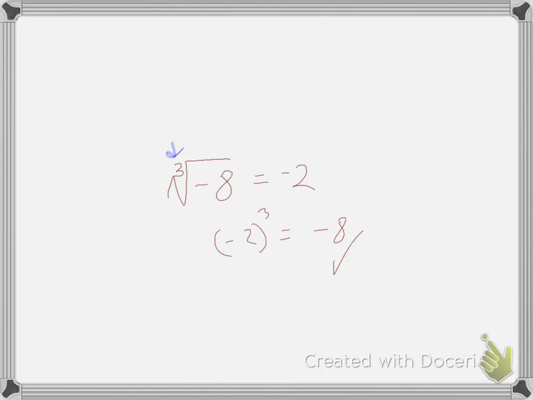Now, we're going to be dealing mostly with square roots in this particular chapter, because they come up more often in some of the formulas that we might use. So you could actually see something like the square root of 9/16. How do you do that? Well, you could turn it into a decimal.